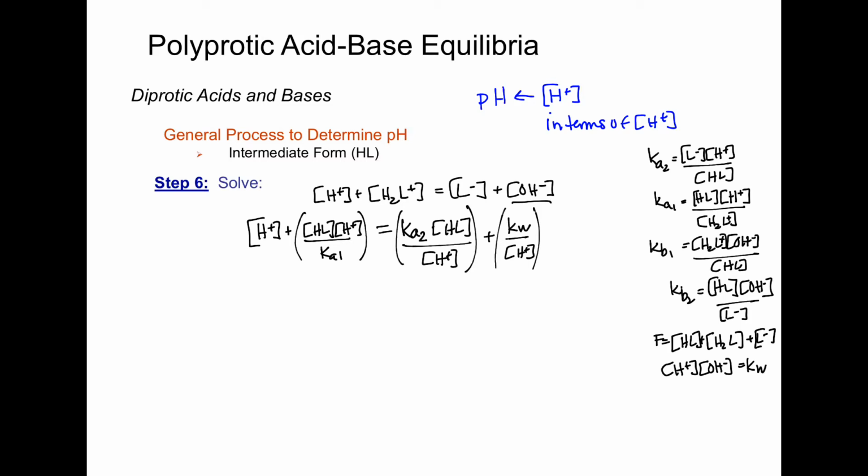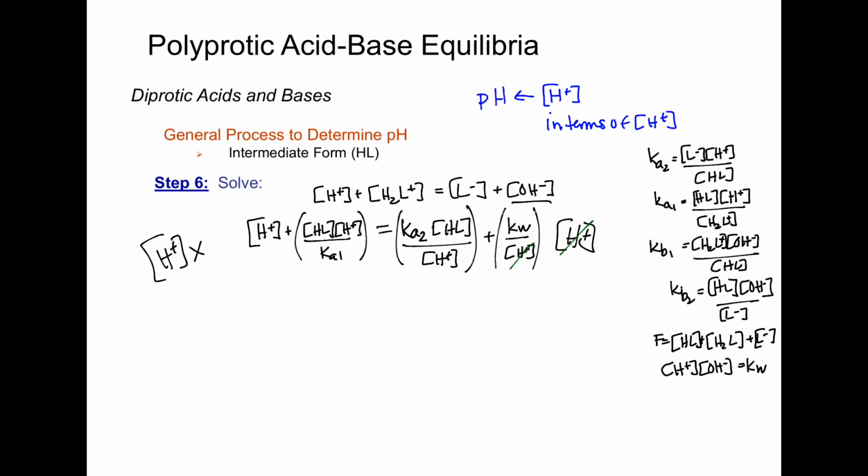One thing that I see is some hydrogen ions on the bottom, and I want to get rid of that. So what I'm going to do is multiply both sides by the concentration of hydrogen. I'm multiplying on both sides, so that's fair game in algebra. It's going to cancel out these guys, but it's going to go on the top for these ones.